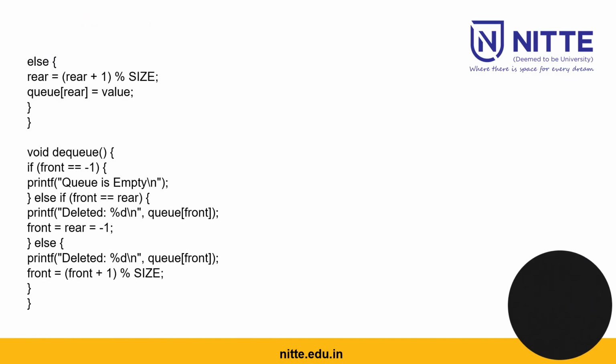Else what I will do, I will push that value at rear equals to rear plus 1 % size. That means the new rear will become this, because we already made sure that if the rear side is full, we have to make the new rear using what here?